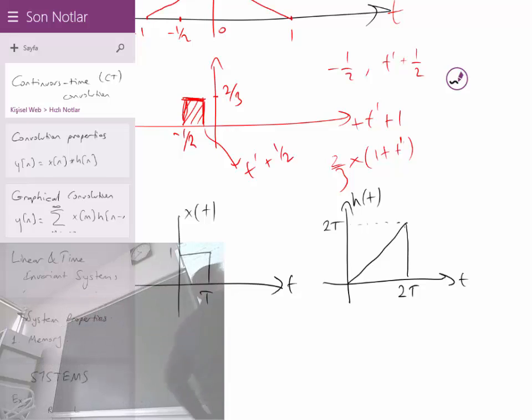When you flip around this, it will be like this. And then when you go by T towards the right, this triangle is overlapping with this rectangle, and it is only overlapping with the smaller portion of the triangle. So if this triangle is pushed further to the right, the amount of overlap multiplication will be maximized.